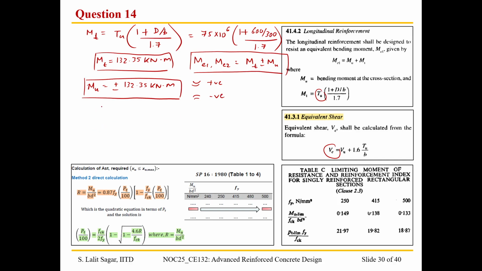So now let us proceed to design this. So we have R is equal to Mu by bd square.